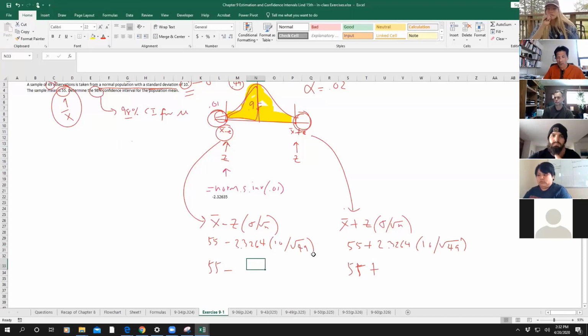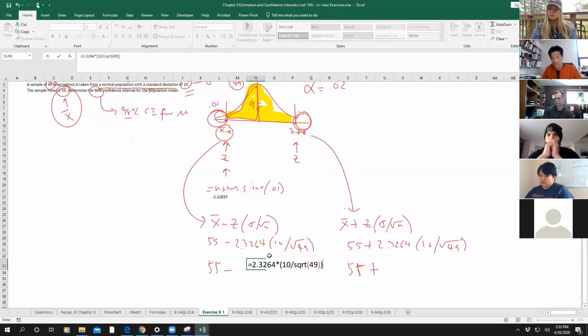The margin of error is equal to 2.3264 times, open parenthesis, 10 divided by the square root of 49, close parenthesis. Essentially I just translated these handwritten numbers into an Excel formula so that you can see the calculation. And here's the margin of error.